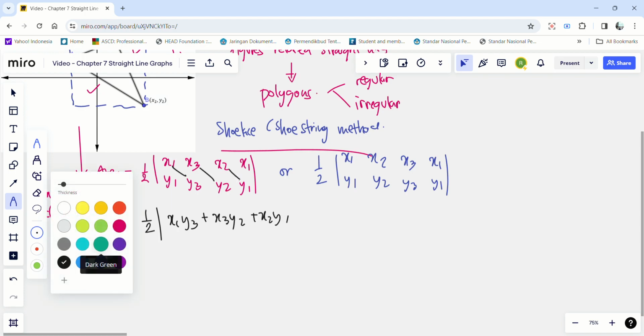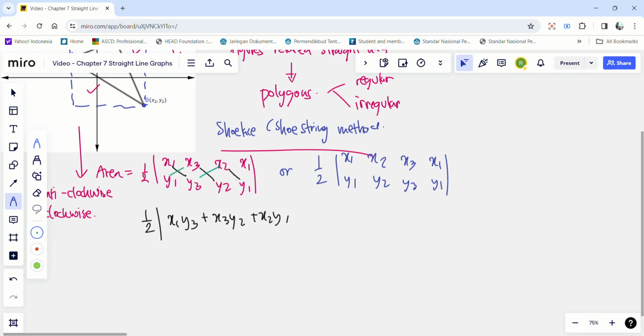But I also have to multiply the other side, these pairs, and when I multiply these I should put a negative sign: x3, y1 minus x2, y3 minus x1, y2. That's it basically. If this value is negative, because of the modulus sign it becomes positive, then you get the result. Whichever method you use, anti-clockwise or clockwise, you will end up with the same result, and it must end up with the same result.